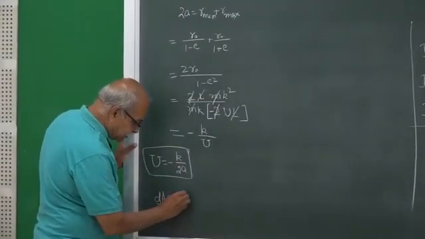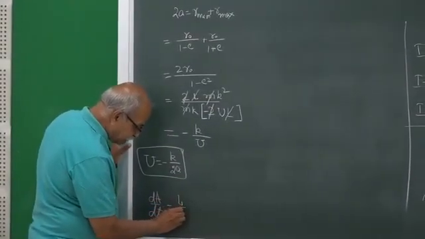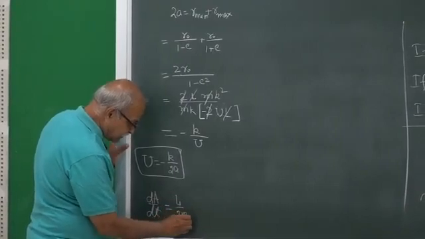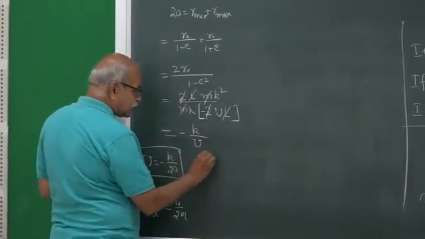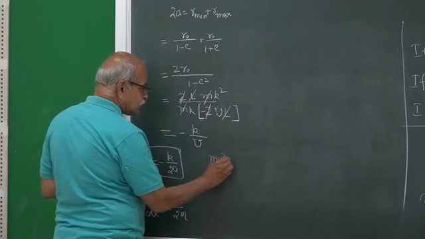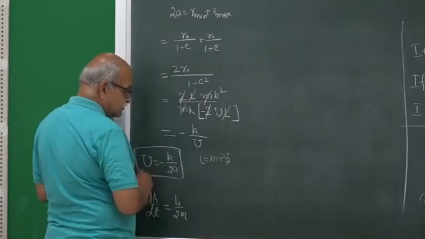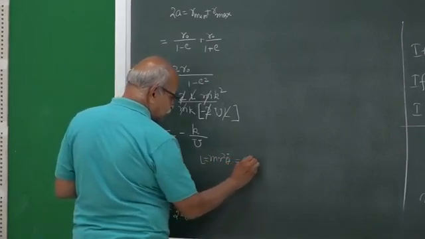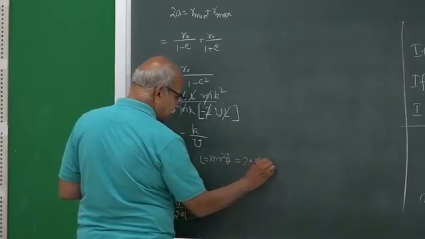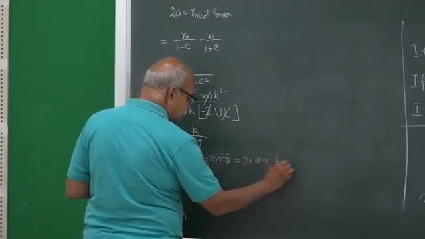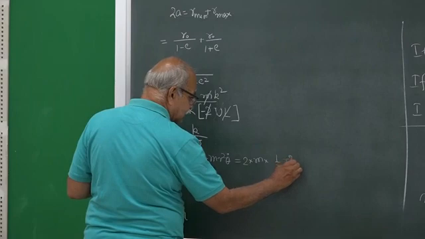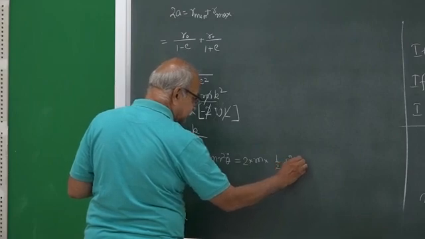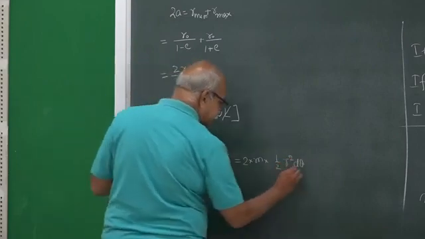dA dt is what? L by 2m, right? m r square theta dot, this is L, and this is 2 times m times half r square and then d theta dt.